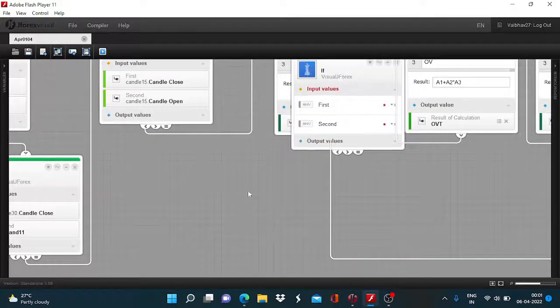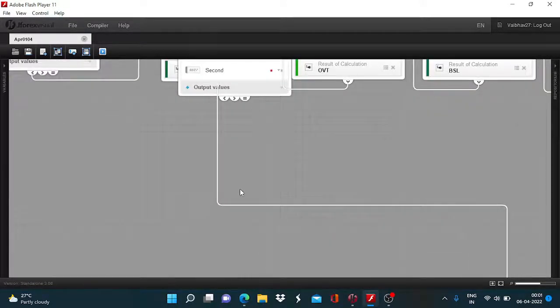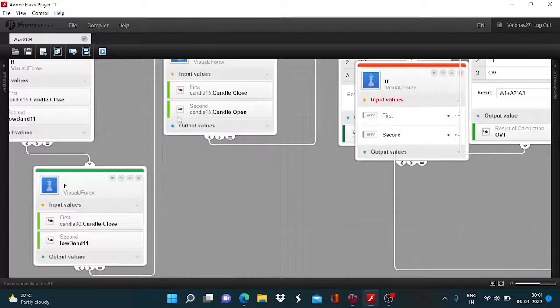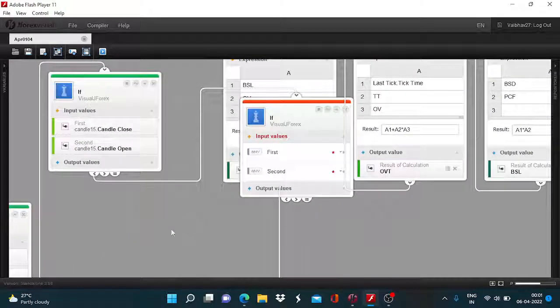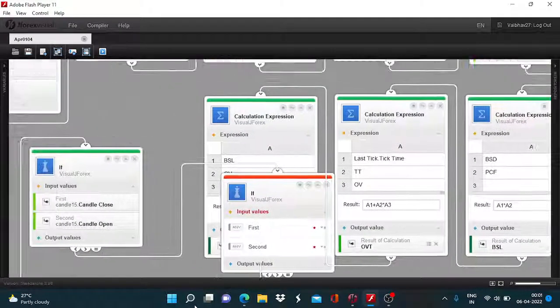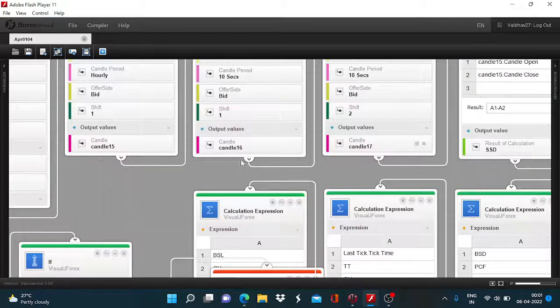and as soon as the price will slightly rise compared to the closing value of the last hourly candle, which is candle 15, we will look to initiate the trade. So we have to compare the closing values of the candle 16 and candle 17 with the closing value of candle 15 respectively.